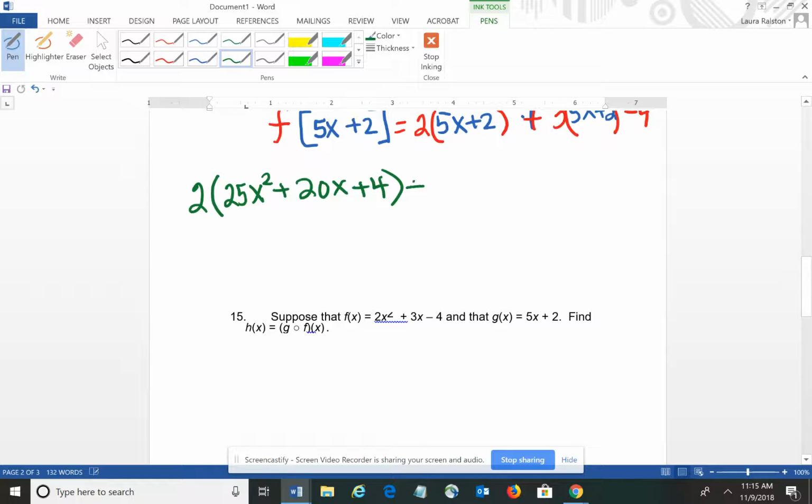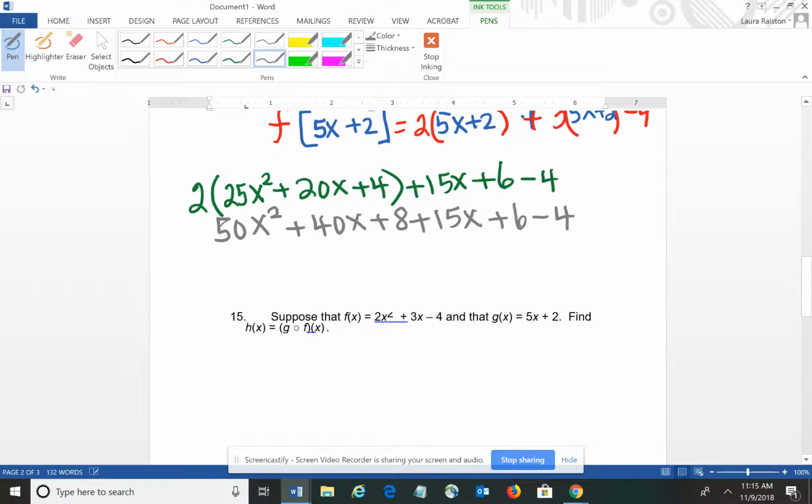Distribute the 3: plus 15x plus 6 minus 4. Come back and distribute the 2. We have 50x squared plus 40x plus 8 plus 15x plus 6 minus 4.